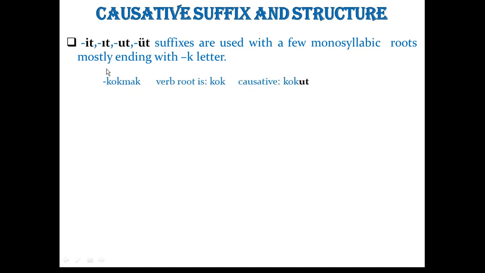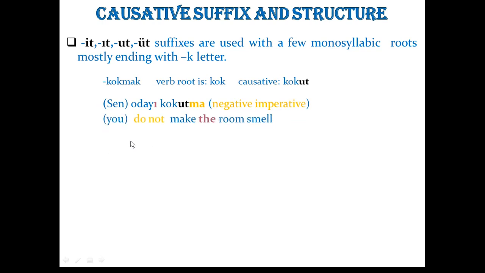For example, kokmak, the verb root is kok, ending with the k letter, and the causative verb is made as kokut. So ut, depending on this o letter here. So making the meaning like make something smell. So sen odayı kokutma, a negative imperative meaning you do not make the room smell.